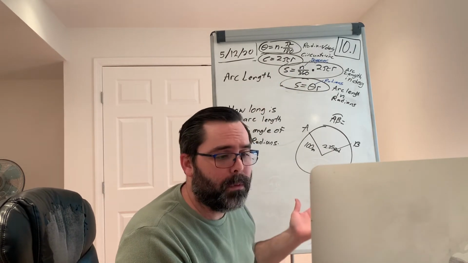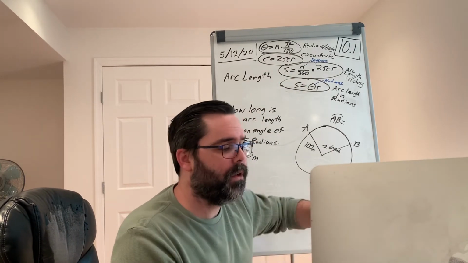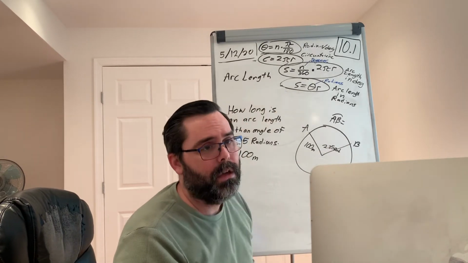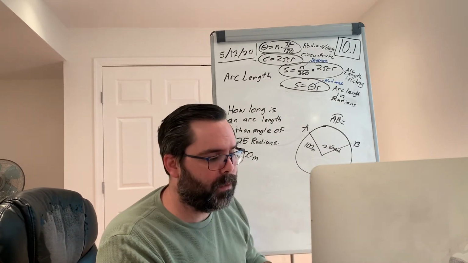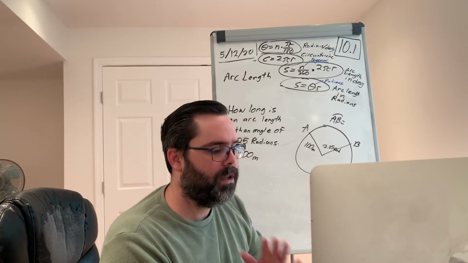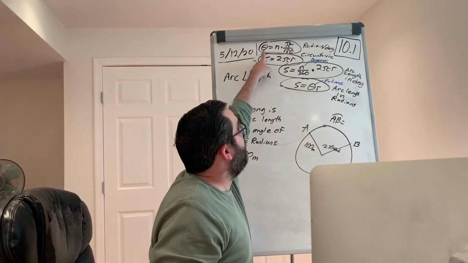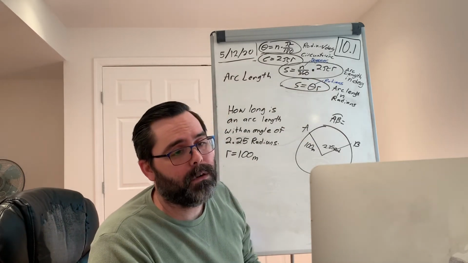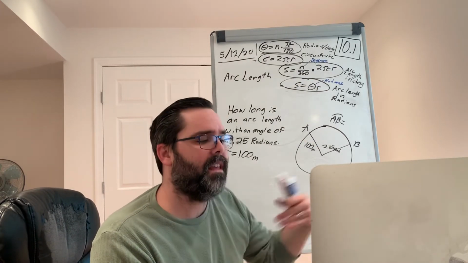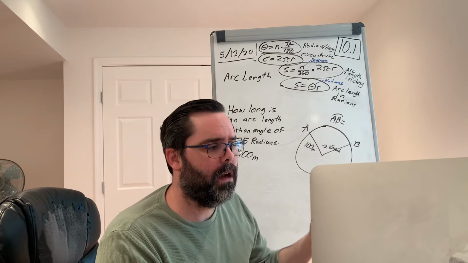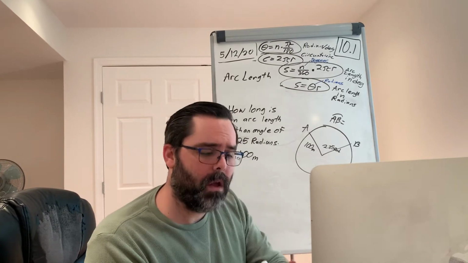Okay, I'm going to do it both ways. I'm going to do the hard way first, and then I'm going to show you the quick way, which is this one. So let's assume you're just not comfortable with radians. You want to change it to degrees. So we're going to use the conversion, theta equals n times pi over 180, to convert it to degrees, and then we will find out the arc length. Okay, so this is the long way.